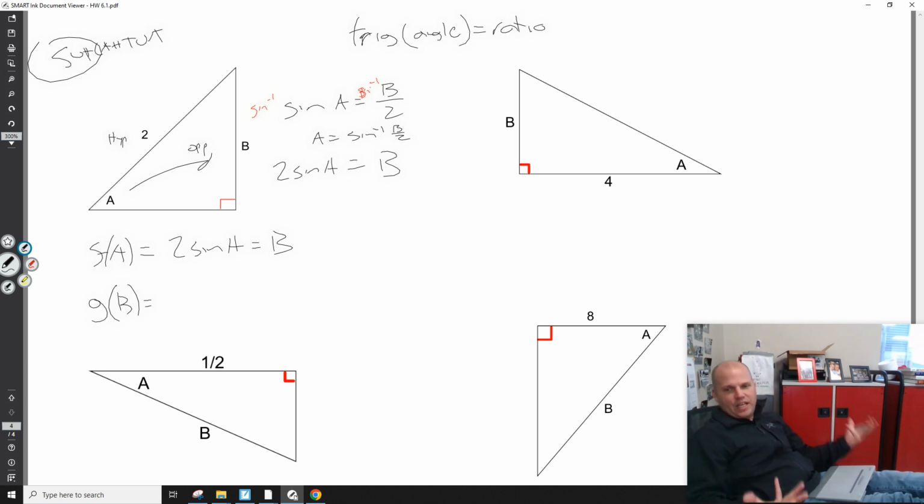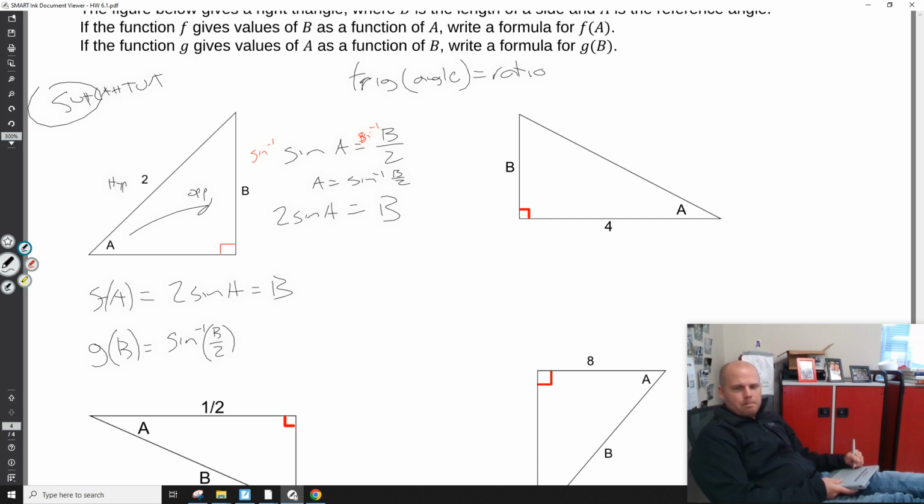What we have are inverses of each other. F and G are inverses of each other. 2 times the sine of A. To undo what's being done, you take your B, divide it by 2, and then the sine inverse of it. Take your B, divide it by 2, take the sine inverse. You essentially just found the inverses of the two functions for the specific triangle.